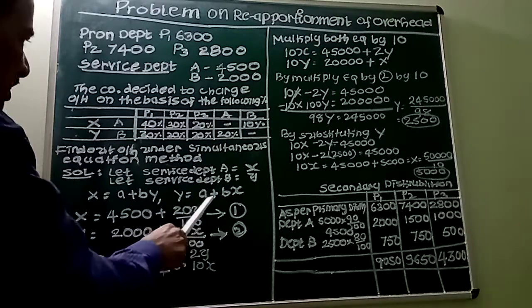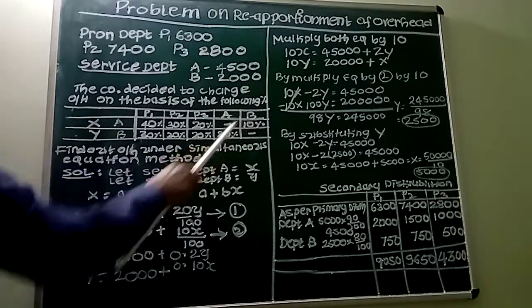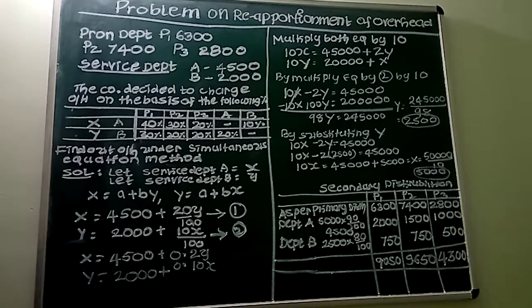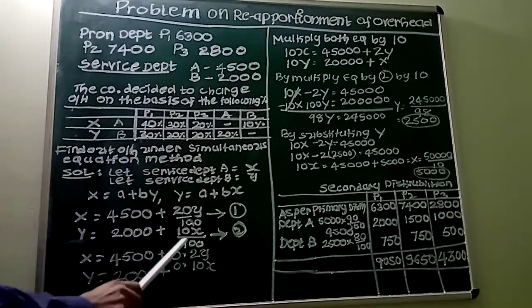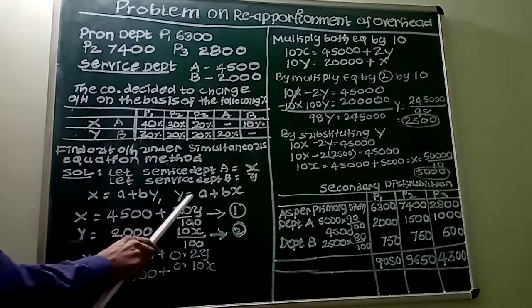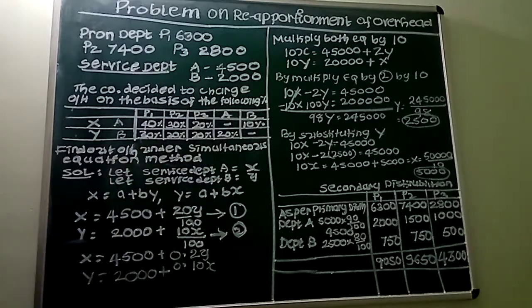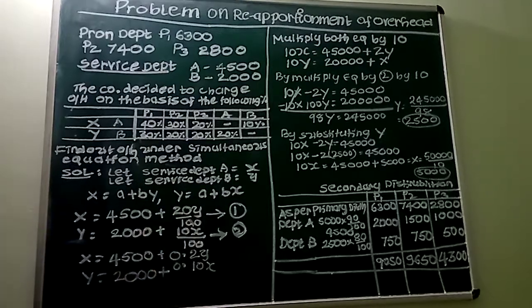So A plus BX, which is actually department B. Here the equations are X is equal to A plus BY, Y is equal to A plus BX.